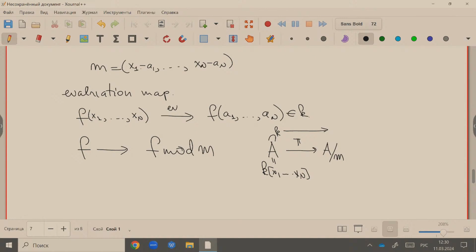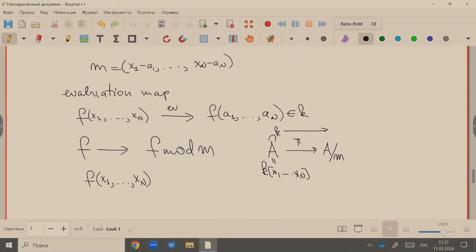And you notice, first of all, that this map is an isomorphism. If you take a polynomial in n variables and reduce it modulo m, that means you change the variables to their representatives.